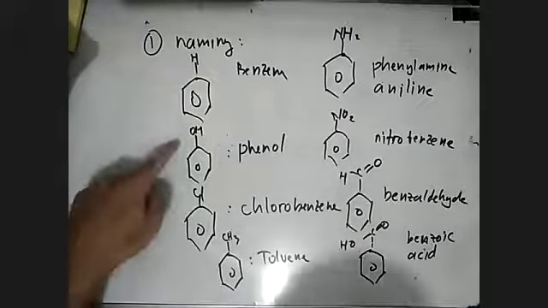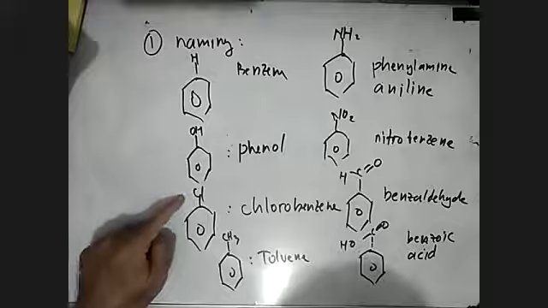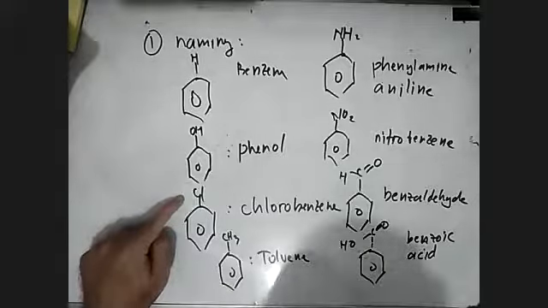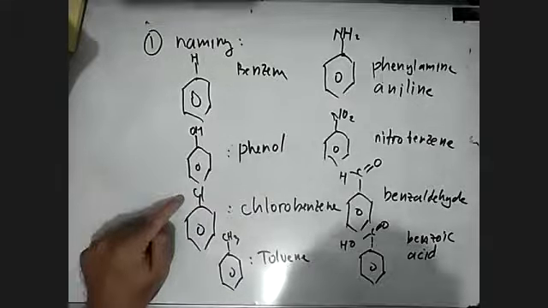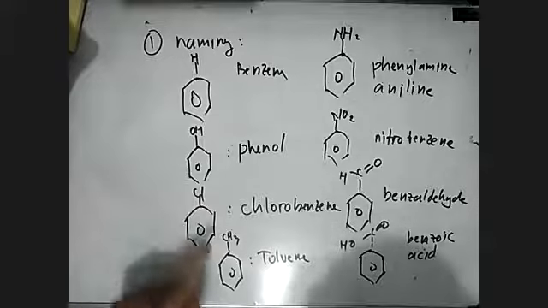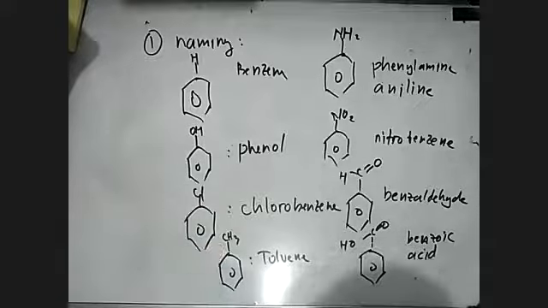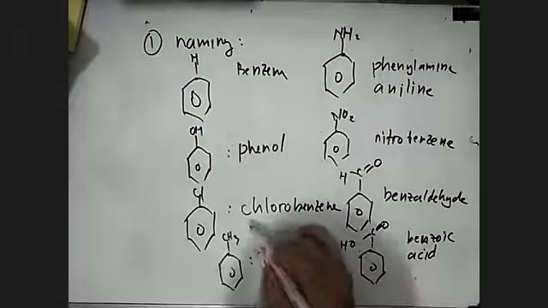Hydrogen, hydroxyl, we call them halogen, halide, and alkyl. Chlorobenzene is the name here. Of course, you can also see in some publications phenyl chloride.